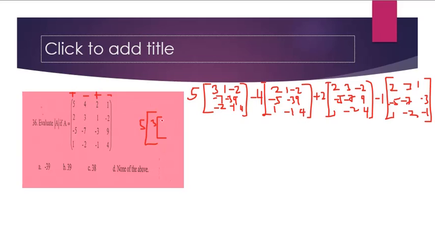So we have what? Minus 3, 9, and then we have what? Minus 1, 4. Okay, then minus 1. So we have what? Minus 7, 9, and then what? Minus 2, 4.